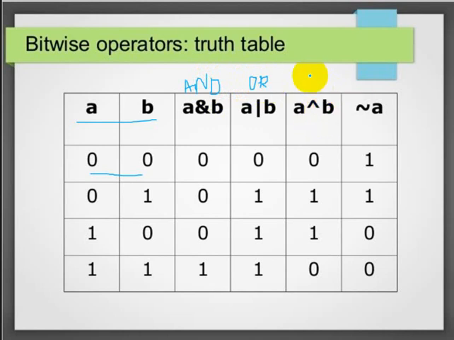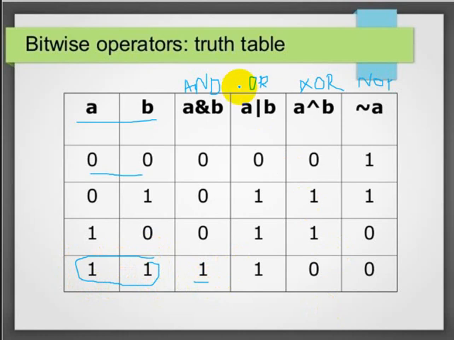This is NOT. And this is XOR. If both your inputs are 0, then for AND, whenever both the inputs are true or 1, only then will I get an output of 1. It's the same as the logical operator.